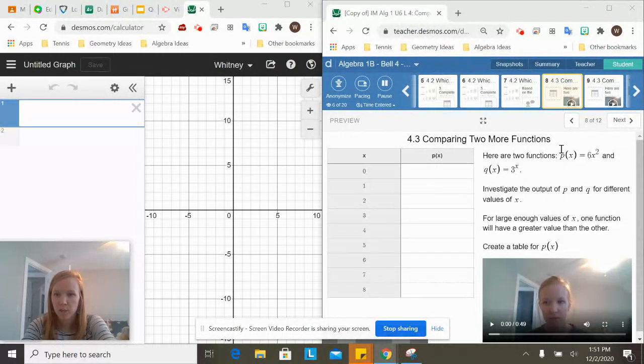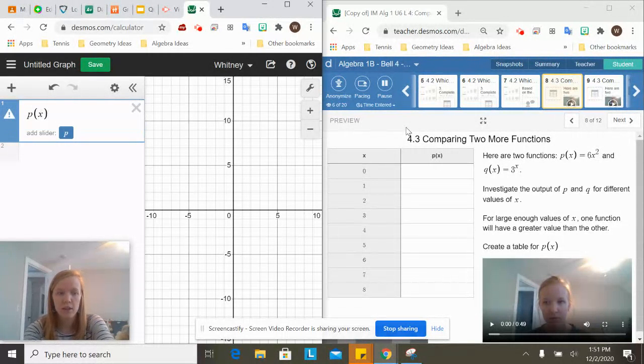So I look over here, p of x is equal to 6 times x squared. Okay, so I use my Desmos graphing calculator, and I'm going to type it exactly as I see it: p parenthesis x parenthesis equals 6x, and then the exponent.